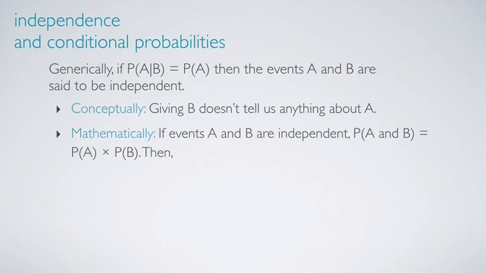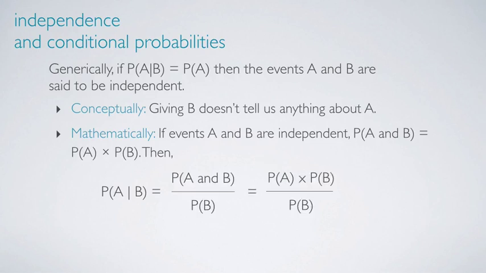Mathematically, we know that if events A and B are independent, then probability of A and B equals probability of A times probability of B. Then, we also know from Bayes' theorem that probability of A given B is probability of A and B divided by the probability of B. For a second, we're going to assume that A and B are independent, so the numerator can simply be replaced with probability of A times probability of B. The denominator stays the same.